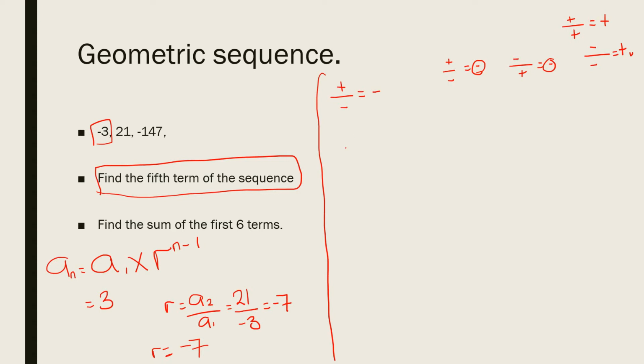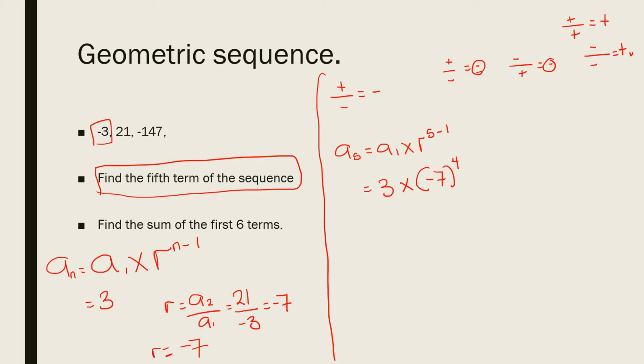Now, what's A5? A5 will be A1 times r to the power 5 minus 1, which is 4. So that's minus 3 times, let's put it in bracket, minus 7 to the power 4. Now remember, whenever you have a negative value raised to an even number, 2, 4, 6, 8, whatever, the answer will always be positive.